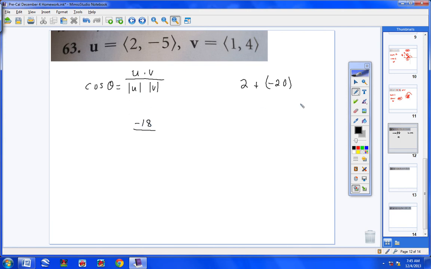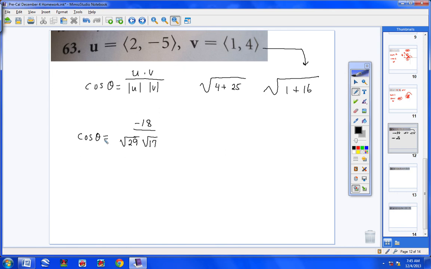And now for the bottom. We very quickly can find the magnitude of each of these vectors. The magnitude of this vector right here, well, square root of, square your 2. That's a 4. Square your -5. That's a 25. Add them together. Square root of 29. And then finding the magnitude of v, we'll do that right over here. Square your 1, that's a 1. Square your 4, that's a 16. Add them together, and you get the square root of 17.